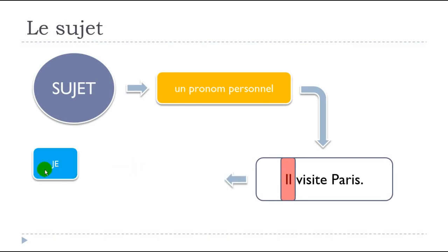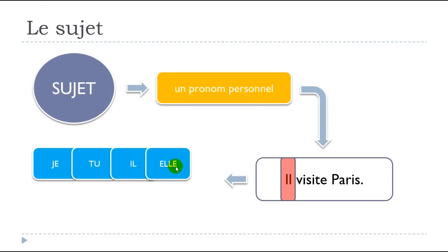So the first ones are je, I, tu, you, il, he, elle, she. Okay, so je, tu, il, elle. And then for the plural form, we have nous, we, vous, you. As in English, we use it of course for the plural, and also for the polite form.